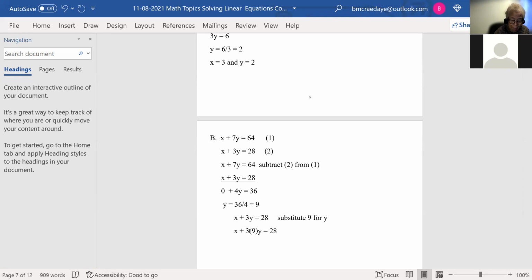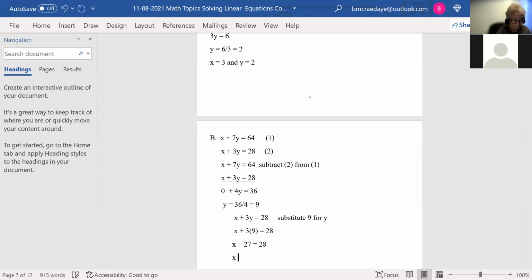Okay. And this was 3 times 9, 27. So x plus 27 equals 28. Subtract the 27 from both sides, and x would be what?